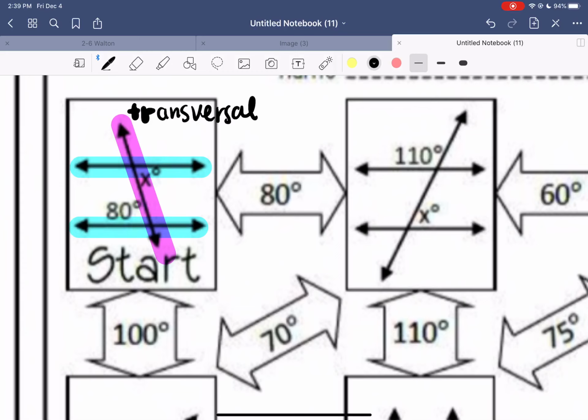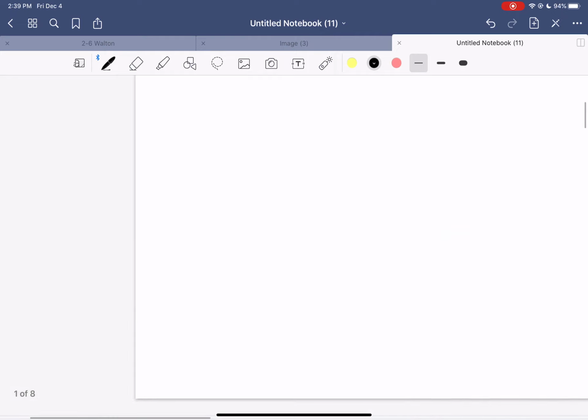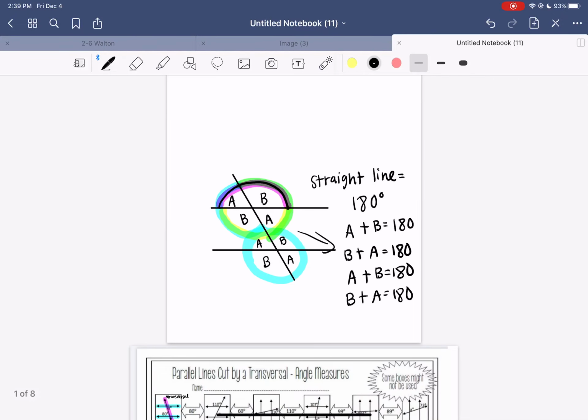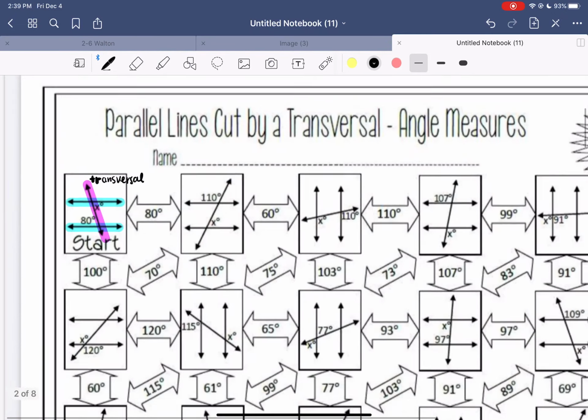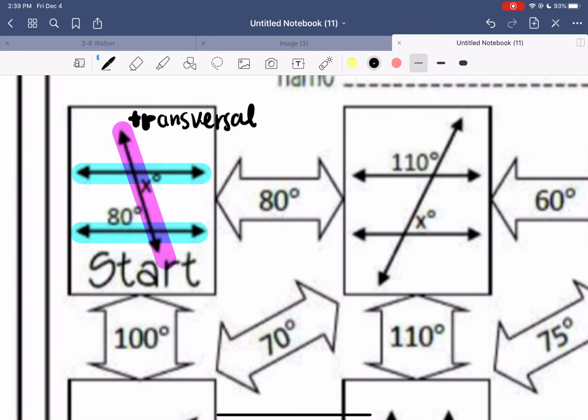So this creates 8 different angles, and we know that some are congruent, so I'm going to use that cheat sheet that I used up here, this AB, AB, AB. I'm going to zoom in here and fill that same thing in on this one.